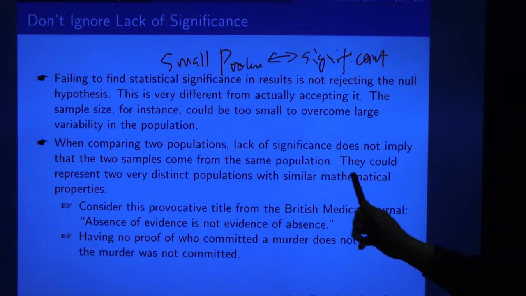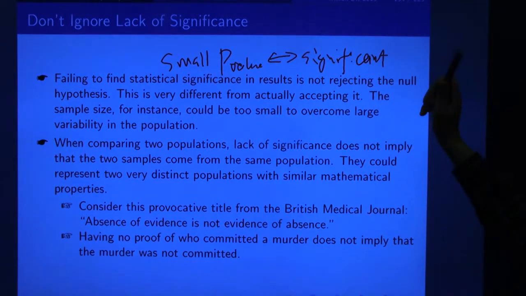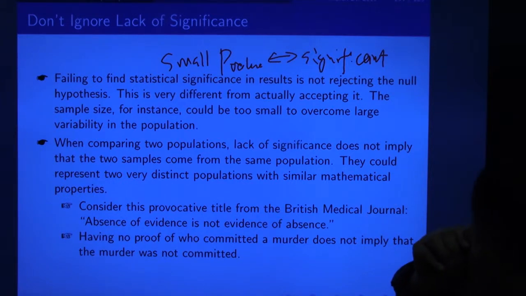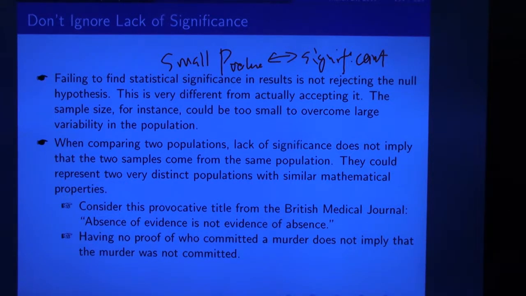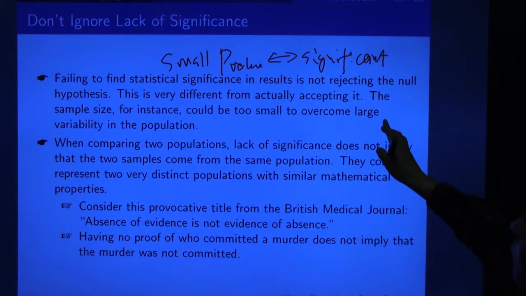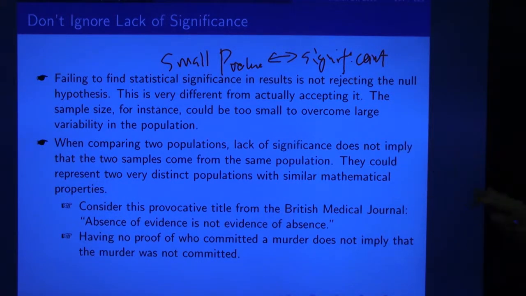But if you cannot find a small p-value, that means it's not significant, and we say we do not reject the null hypothesis. This is very different from actually accepting it. Failing to reject doesn't mean we accepted it.